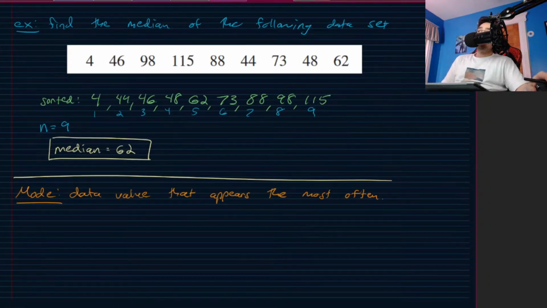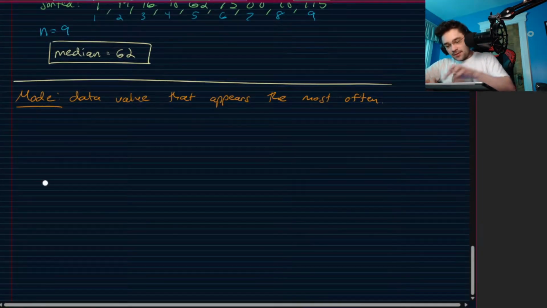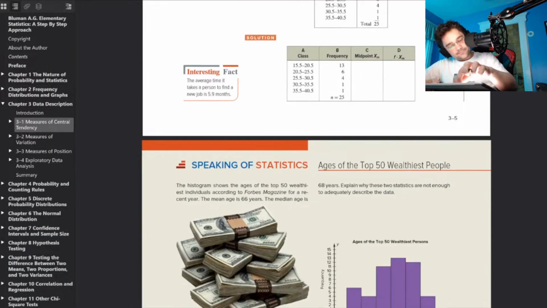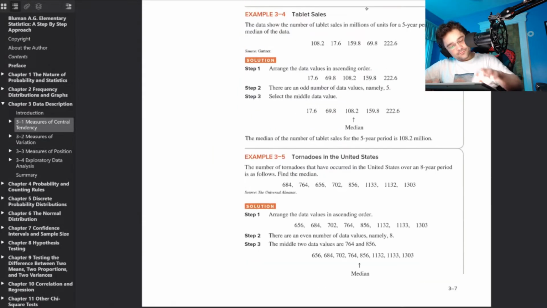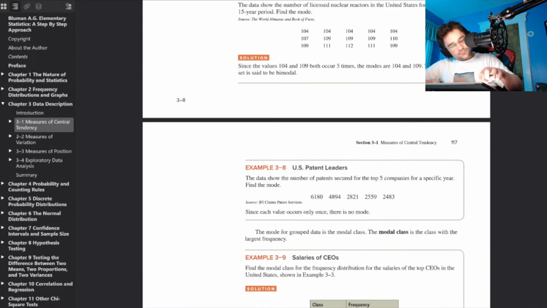So again, you want to arrange them in order. And there can be more than one mode if there's a tie amongst data values that are appearing the most. So let me pull up a quick example here from the book as well.